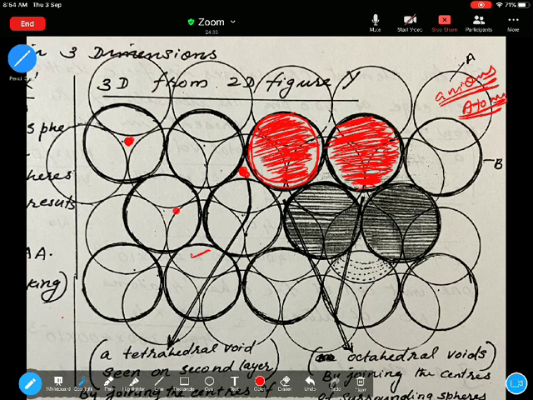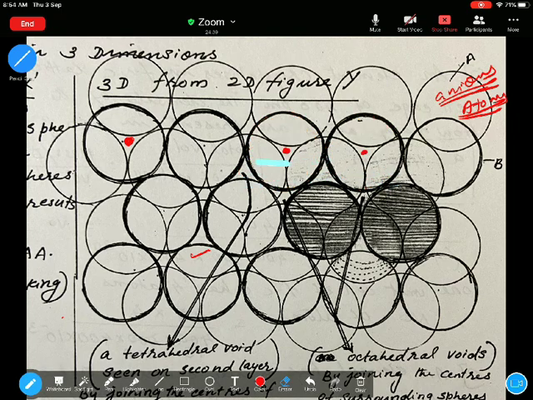Octahedral void, you look at this void. This void is made up of these 3 balls of the second layer and below 3 balls of the first layer.